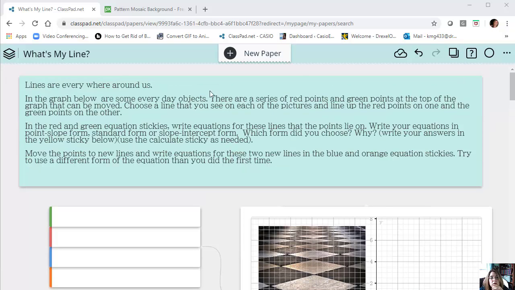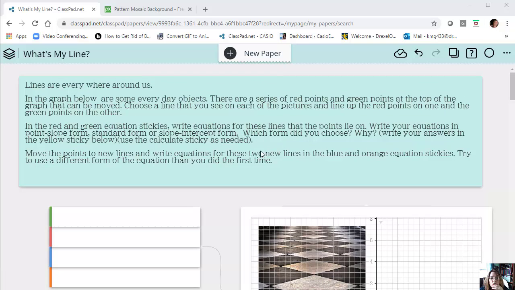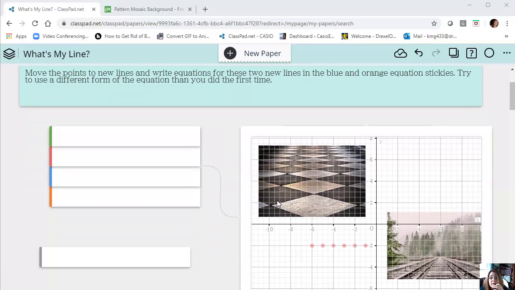But the activity here, I've used the ability to embed pictures, and so I have two different pictures, and it's basically, can students find lines in real objects and use what they understand about how you use points to find the lines of equations.